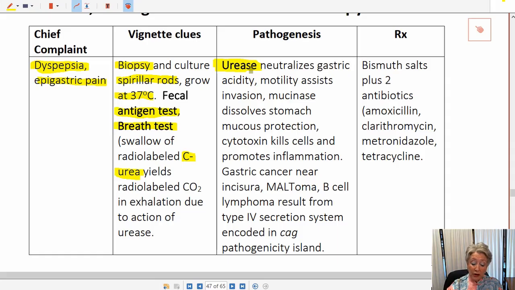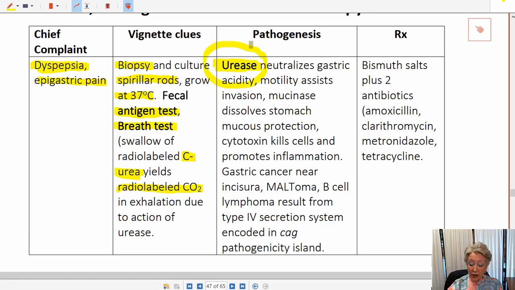Then what will happen is that they will exhale that radiolabel on the CO2 as they exhale. Now, not all hospitals have that equipment, so the fecal antigen test is actually probably more common currently, but the urease breath test is often mentioned because of the fact that it highlights that most important of pathogenic features here.